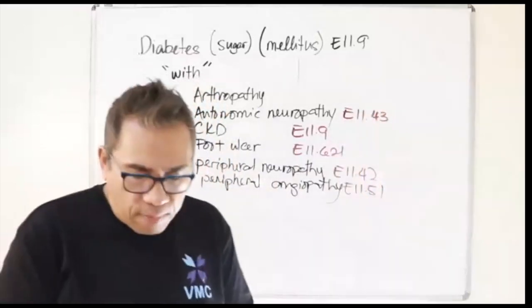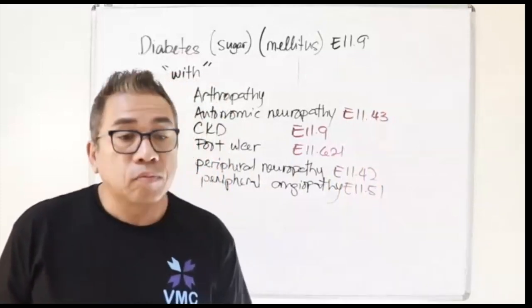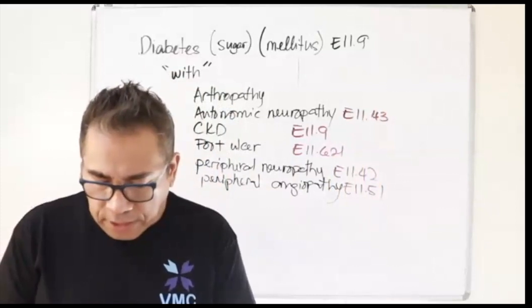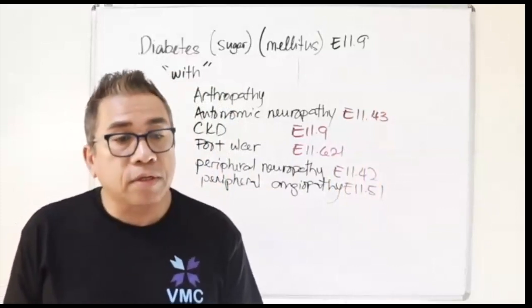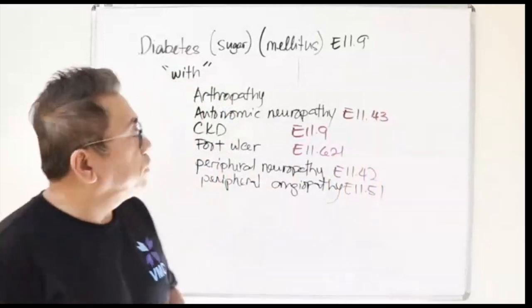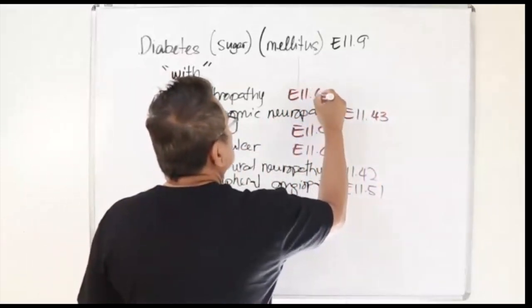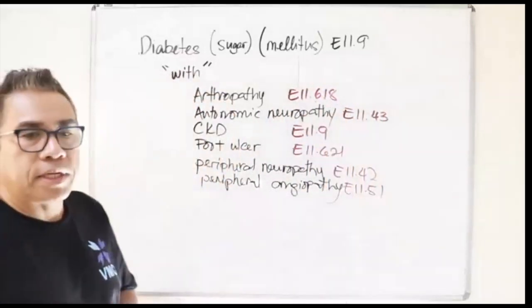What about arthropathy? What is the code for diabetic arthropathy? Can you guys go to diabetes so we can determine what the code is? E11.618. Thank you, Rodi. Okay, E11.618.